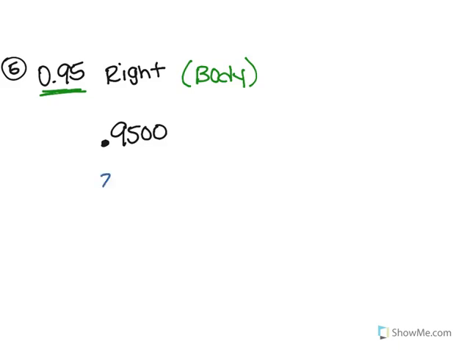So you're going to look under the body column, and the first 95 number I see has 9505 with it, and that's for z-score 0.65.